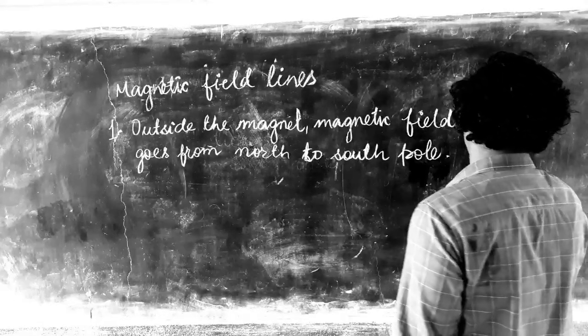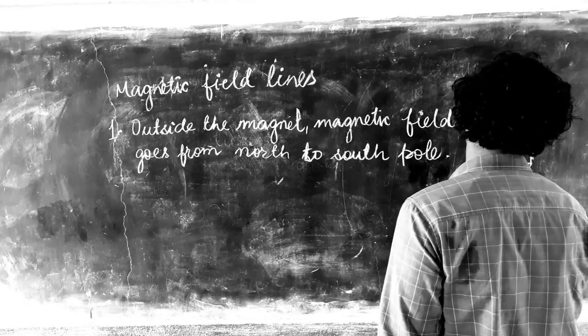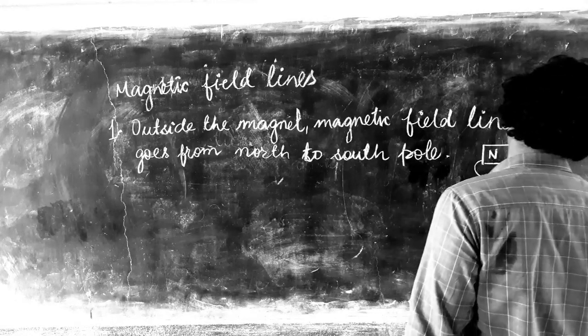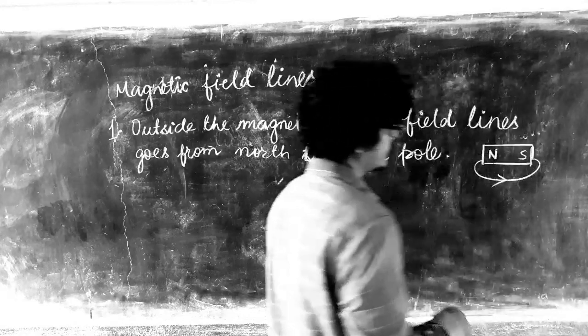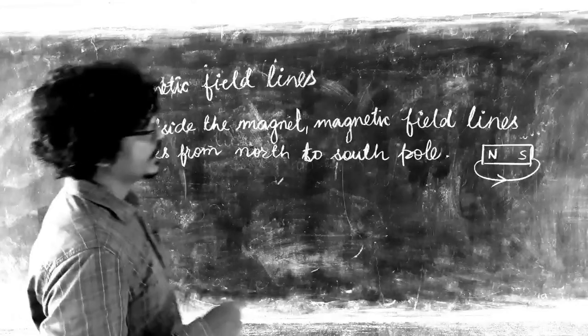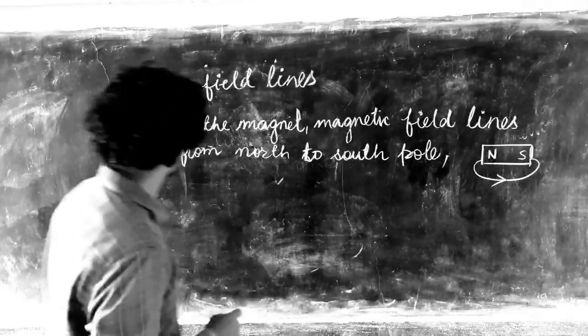That means if you see the figure, if this is north pole and this is south pole, it will go north to south, something like this. And inside the magnet, it will go from south to north.